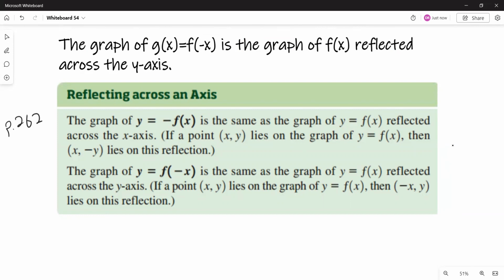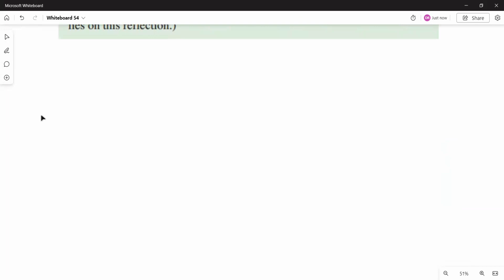So now that we know how reflections work, we're going to talk about symmetry. And that's going to be the last thing I'm going to do in this first part of the section.